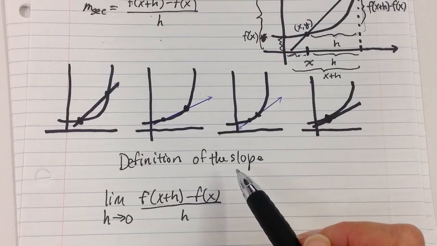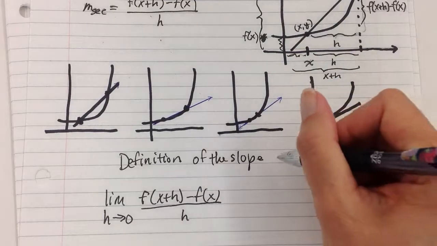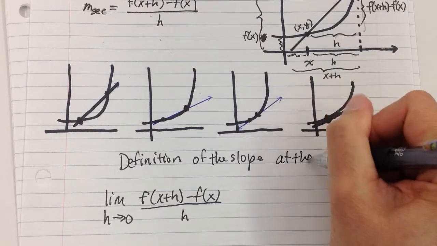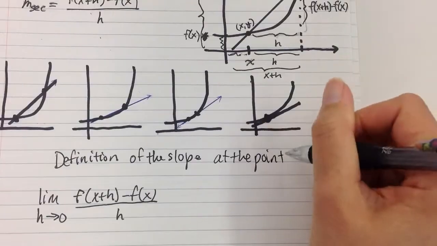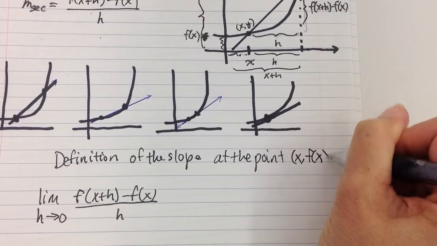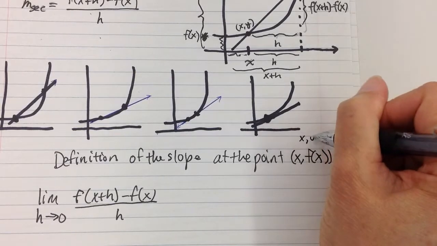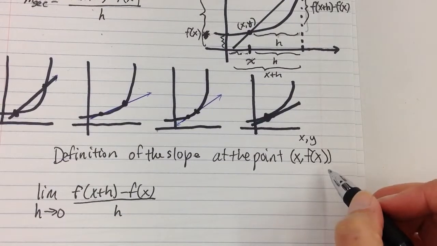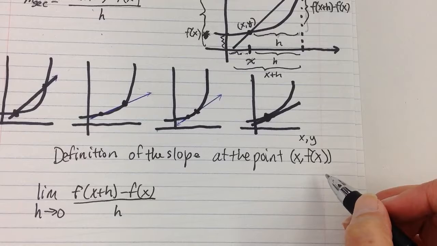The slope m of the graph of f at the point, we're supposed to write this, at the point, alright, it's x comma f of x. Usually we put x y, but instead of y, we're replacing that y with f of x now. Okay, so you're going to see x f of x a lot now instead of x y.